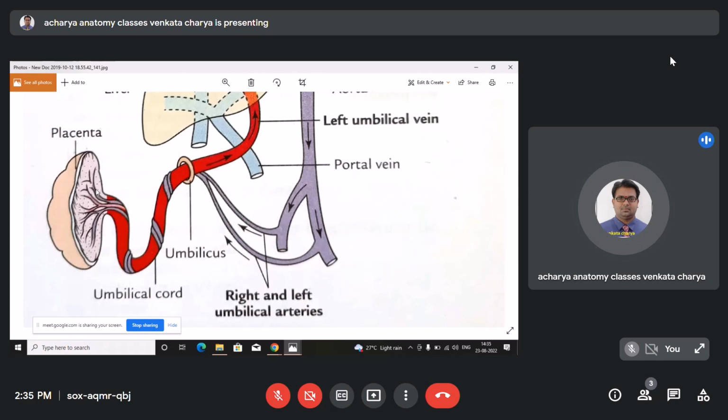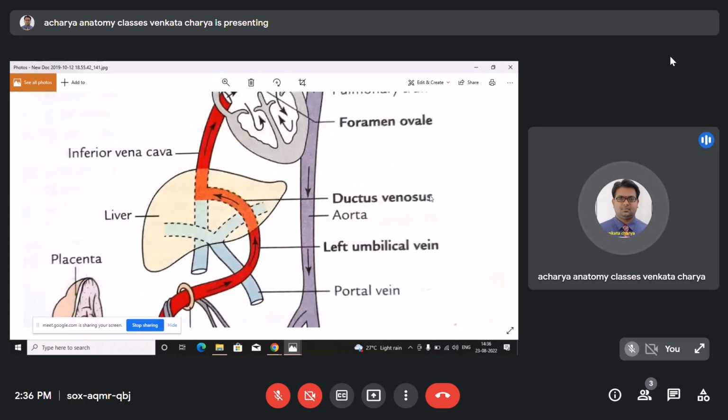Whenever we ligate the umbilicus and cut it, automatically many changes happen. So what are the changes? See here, the ductus venosus becomes the ligamentum venosum.